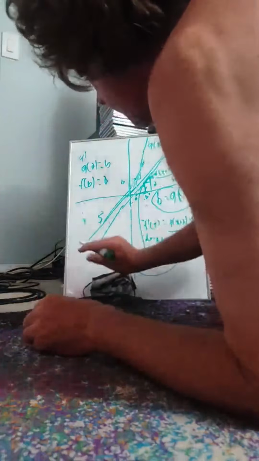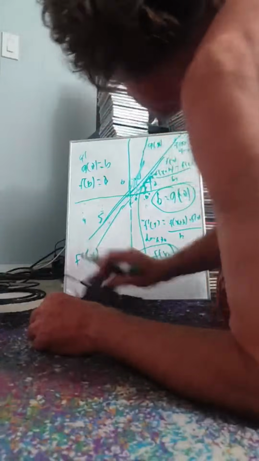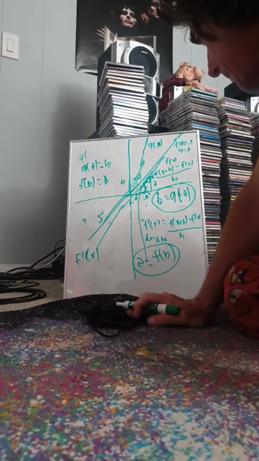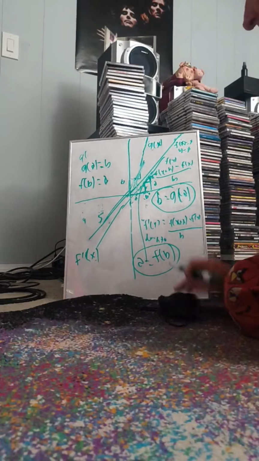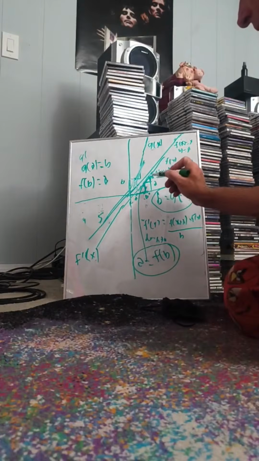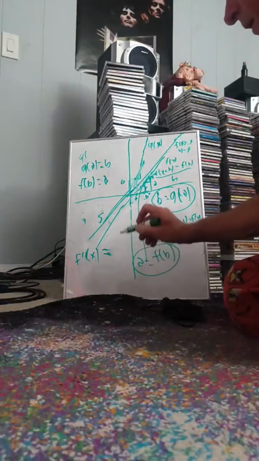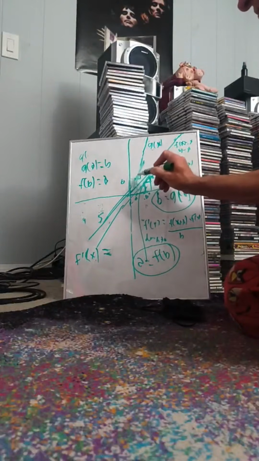Erase this a little bit. f prime of x equals the slope here, which is the inverse slope of this one.